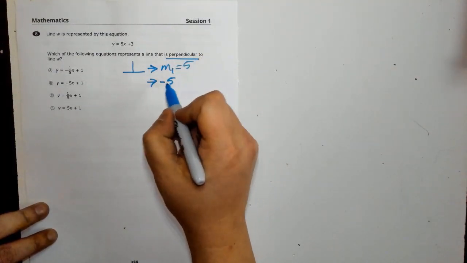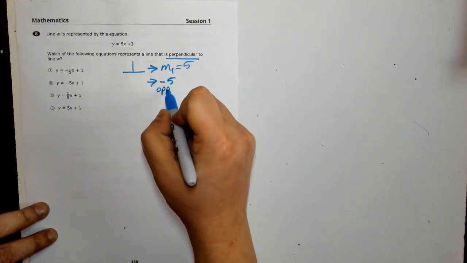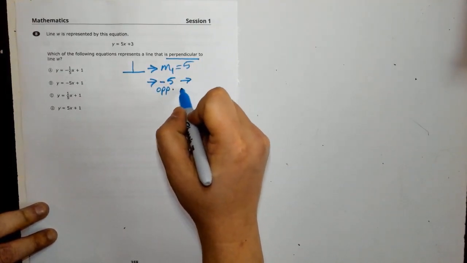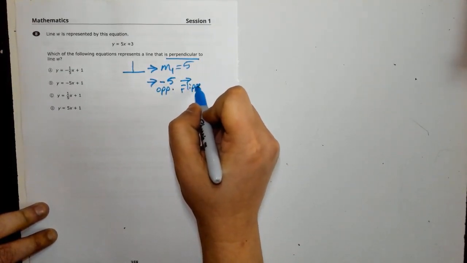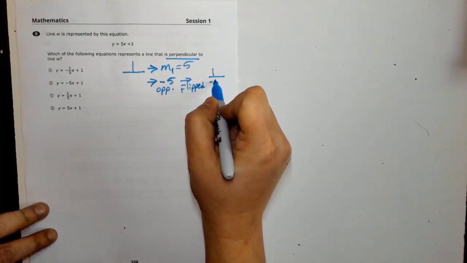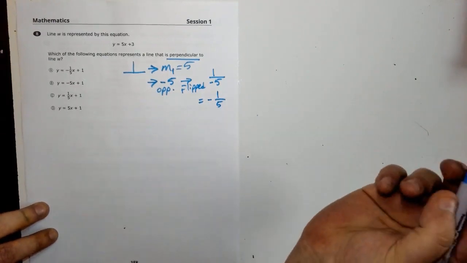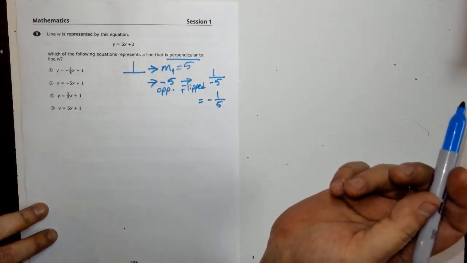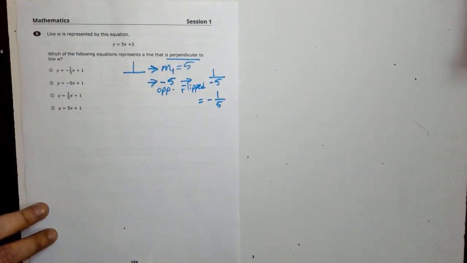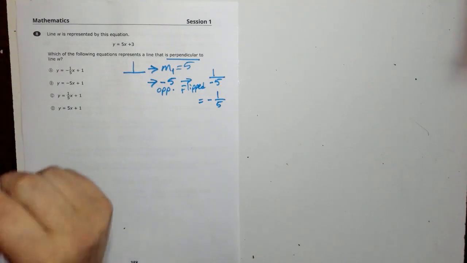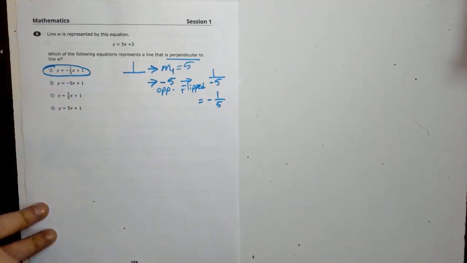This is the opposite, and then flip: 1 over negative 5, or negative 1 over 5, the same exact thing. So I'm looking at the equation which has a negative 1 over 5 slope, and that's that.